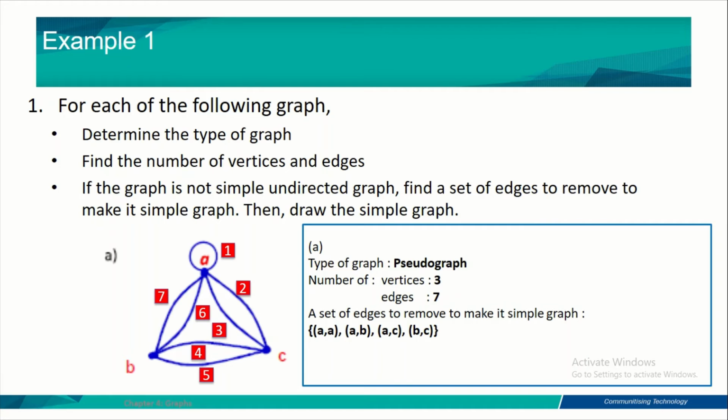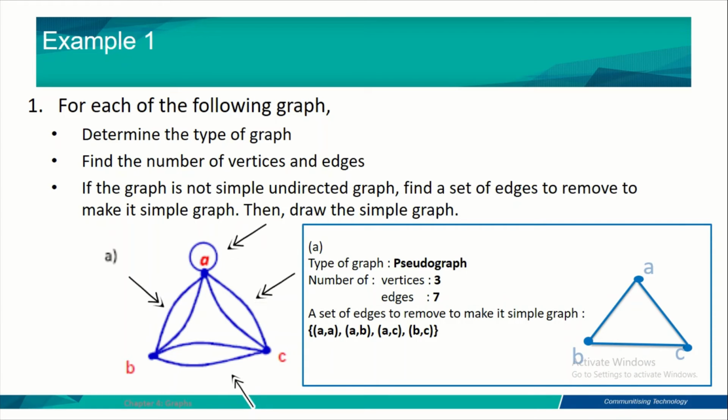So the number of edges is 7. A set to remove to make a simple graph: we need to remove multiple edges, and we need to remove loops to make it a simple graph. So the set is AA, AB, AC, and DC. So we draw it again, the simple graph.